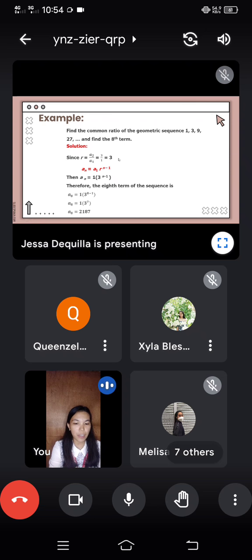We can now find the eighth term by the formula a sub n equals a sub 1 r raised to the power of n minus 1. Then a sub n is equal to 1, which is the first term, multiplied by 3, which is the common ratio, raised to the power of n minus 1. Therefore, the eighth term is a sub 8 equals 1 times 3 raised to the power of 8, the term position, minus 1.